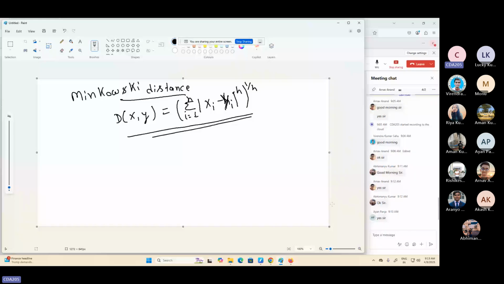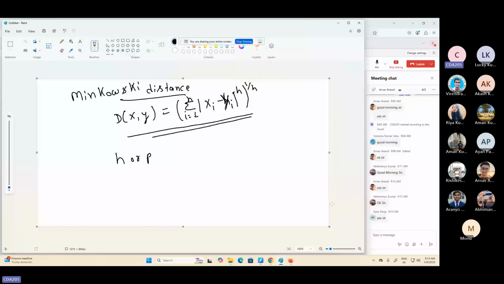यही एक फॉर्मूला था, ठीक है. So when we talk about h, in some books you can see it is also denoted by p.